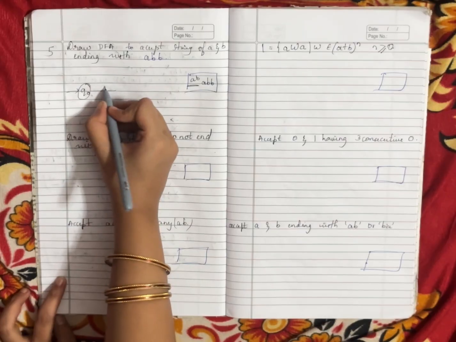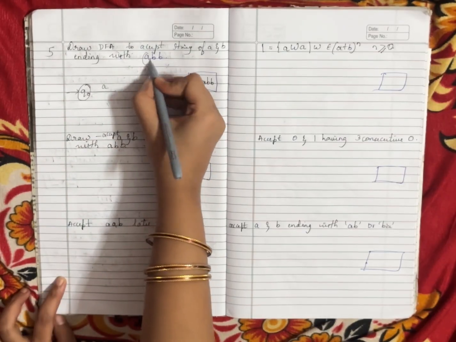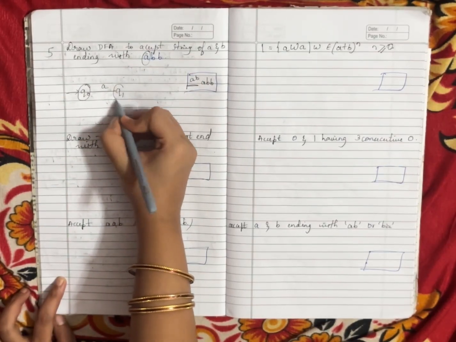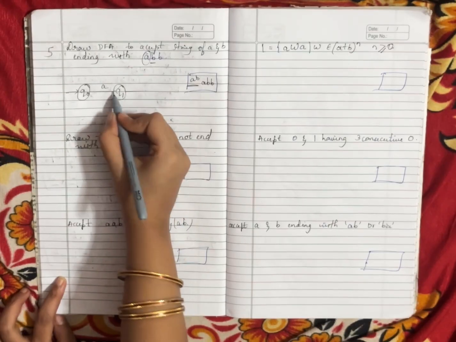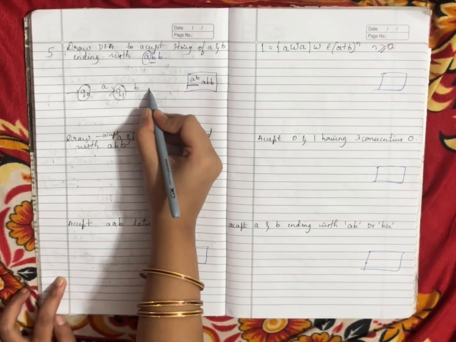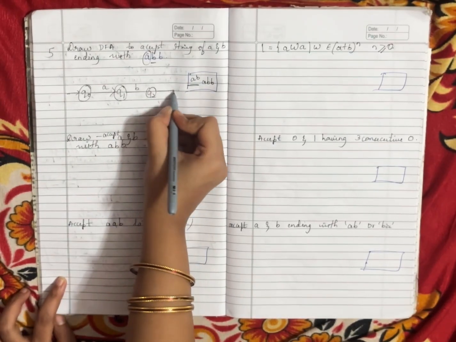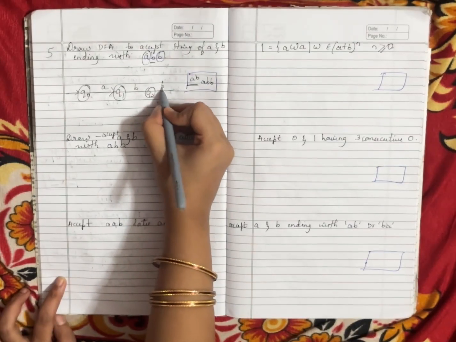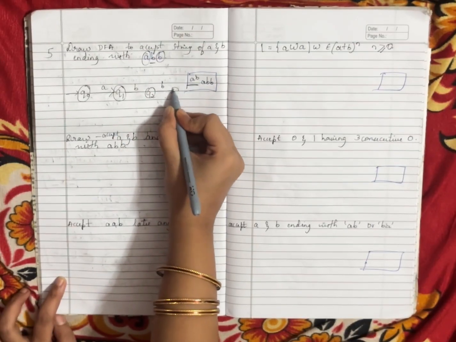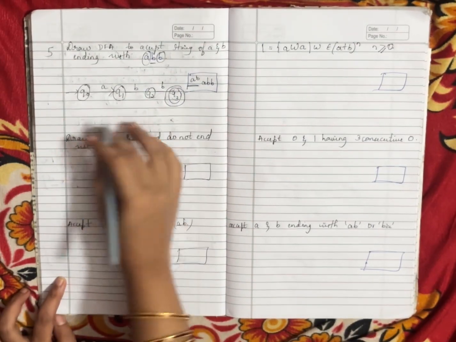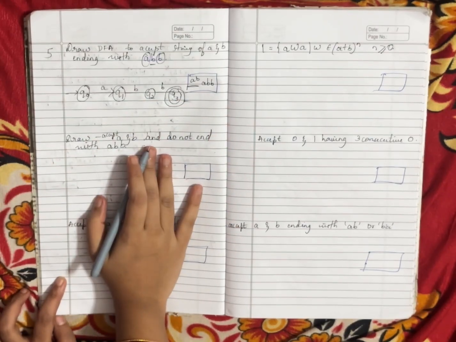So first let me accept A. Later let me accept B. And later let me accept one more B. So Q3 is the final state. This much is the only condition they have given.